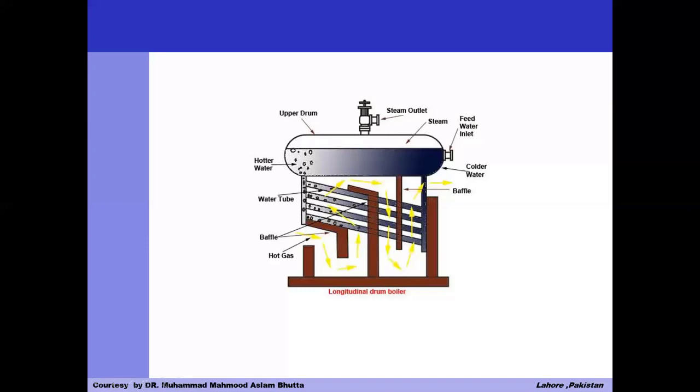During travel of the water through the inclined water tubes, it absorbs heat from the hot gases surrounding the water tubes. These are the water tubes, and this is the hot gases. As the water flows into these tubes, it absorbs the heat from the hot gases and becomes lighter, and due to the change in density, the steam moves upward and is collected in the upper drum.